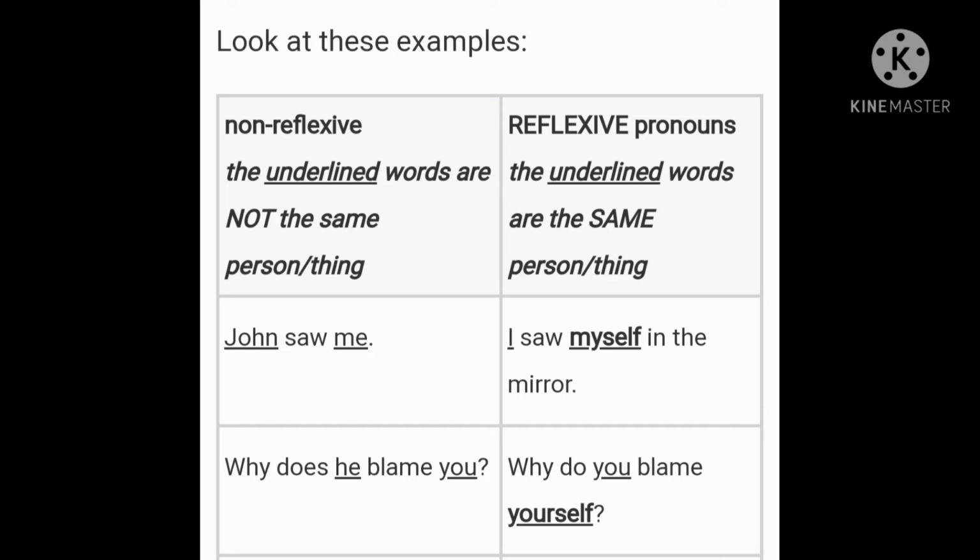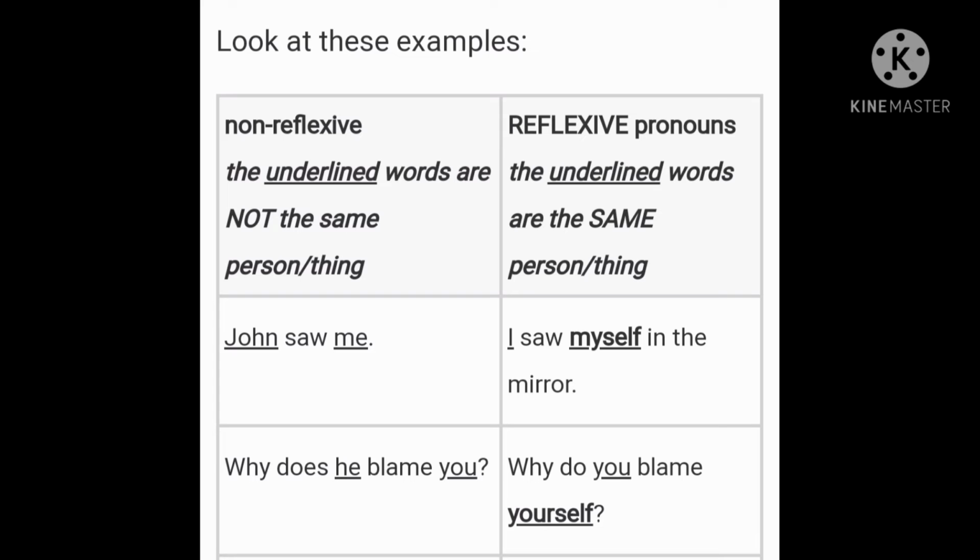So, we can easily understand that if we ask the verb a question with whom, and if the verb replies, it becomes an object. And if the object is a pronoun with self or selves attached to it, then definitely it becomes a reflexive pronoun.